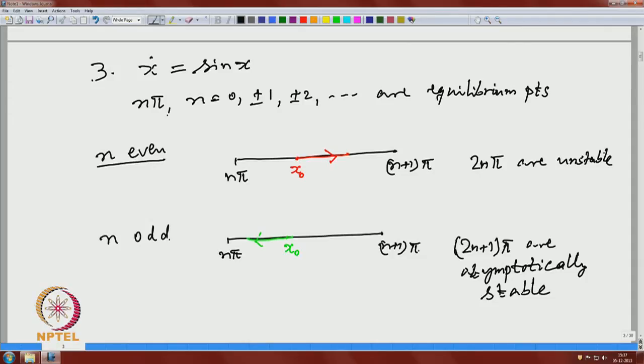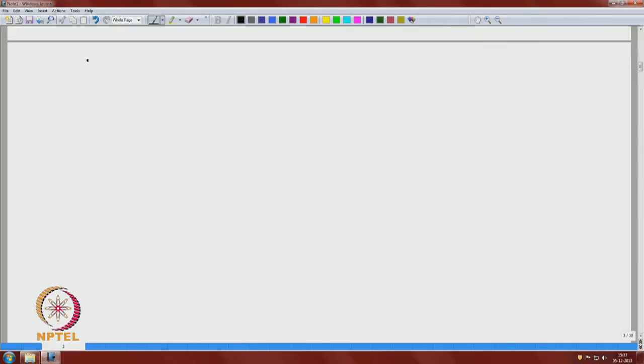So, finally, one more example. Pendulum with small oscillation. So, this is the approximation. So, this is a 2D example.